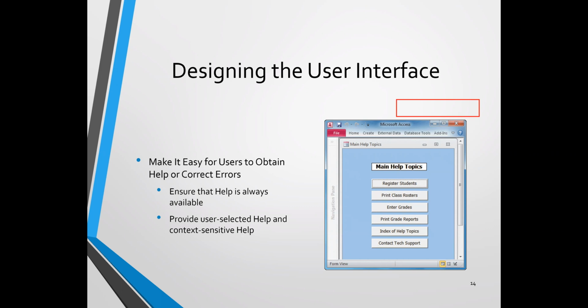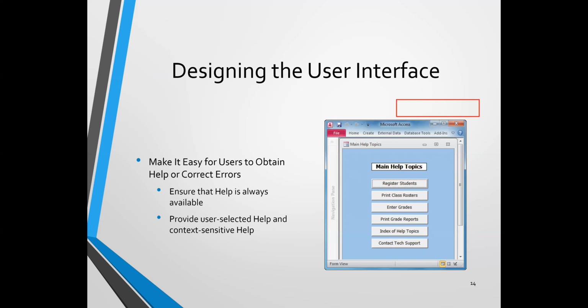And provide user selected help and context sensitive help so that users can solve the problem. Users can search for help on a specific topic, or when users have a problem at that time, it just offers the help for that problem straight away.